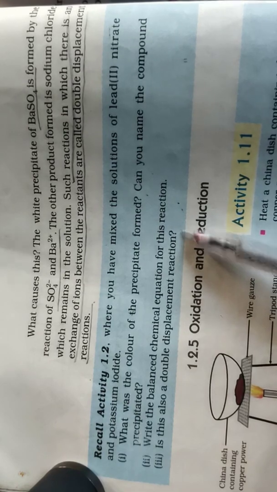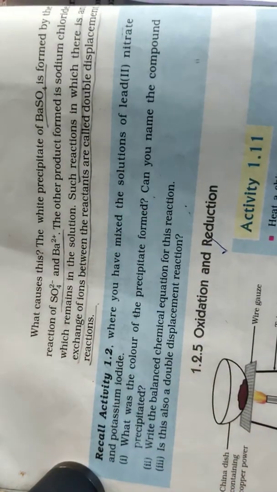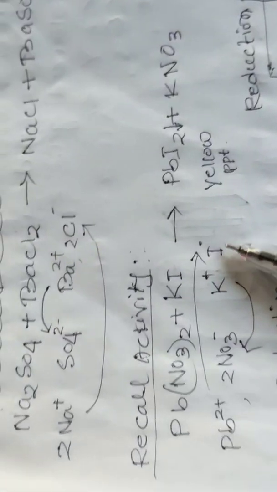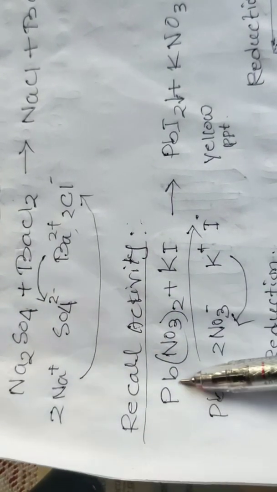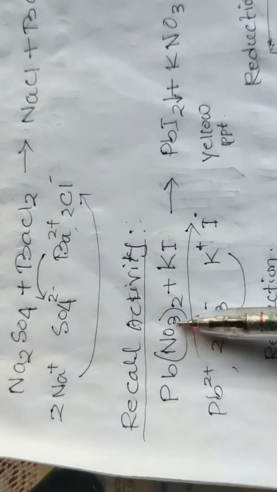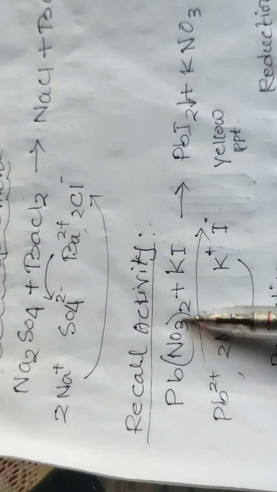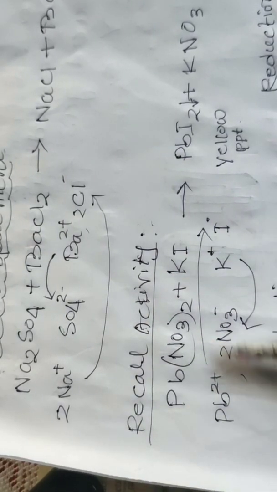Write the balanced chemical equation for this reaction. Is this a double displacement reaction also? Yes, it is a double displacement reaction. You see how this reaction occurs. This is lead nitrate: the valency of lead is 2 and NO3 has valency 1, so Pb(NO3)2. Next, potassium iodide. It will form ions first.